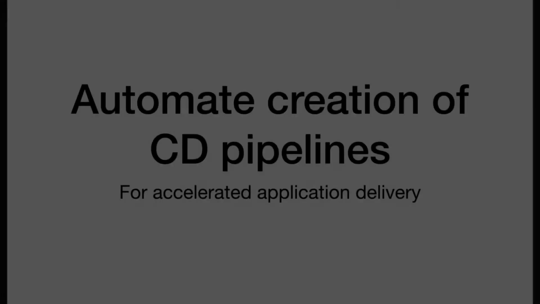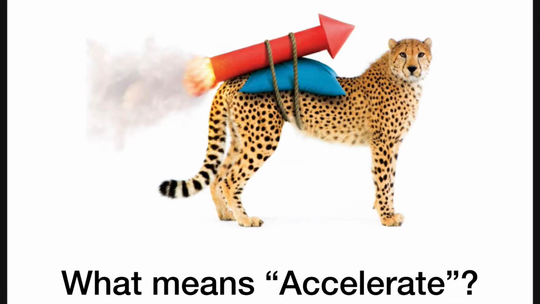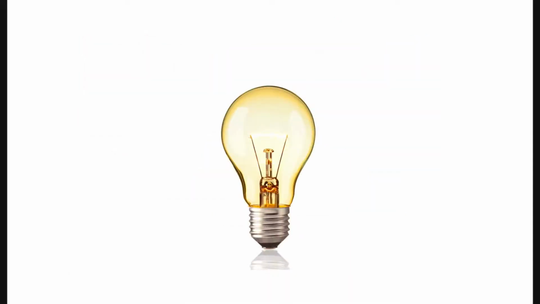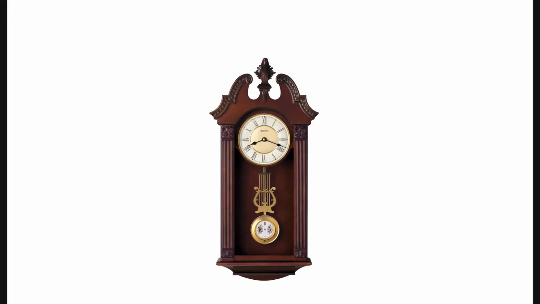Okay, so when we say accelerated application delivery, what do we exactly mean by accelerate? You have an idea. Maybe that idea is something that's going to deliver business value. Maybe that's some data that you can get to figure out how to improve the software that you're building. But then after you have that idea, some time passes.